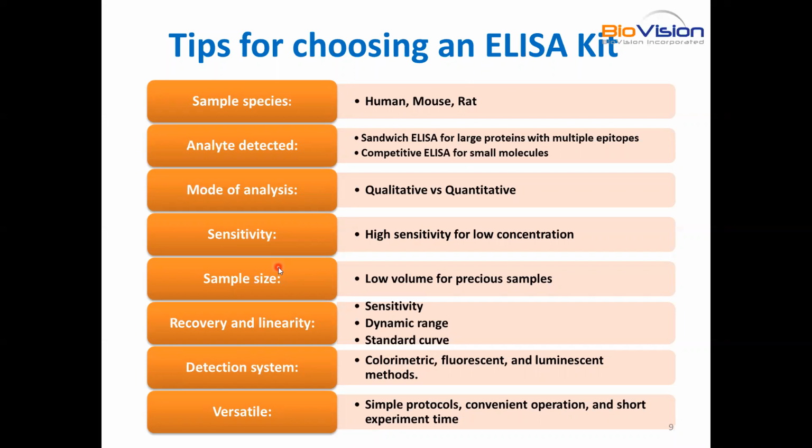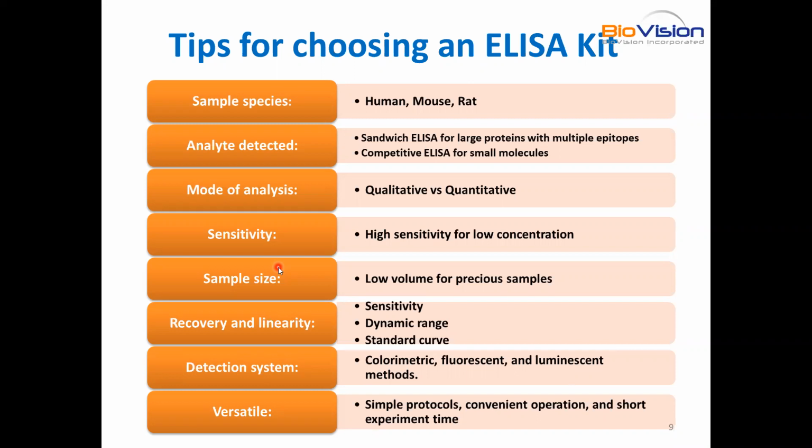Next parameter to choose an ideal ELISA kit is the sample size. So in general, the ELISA kit requires as low as 10 microliter sample and as high as 100 microliter. So the range is between 10 microliter to 100 microliter sample for analysis.